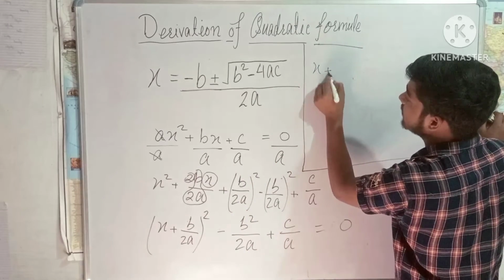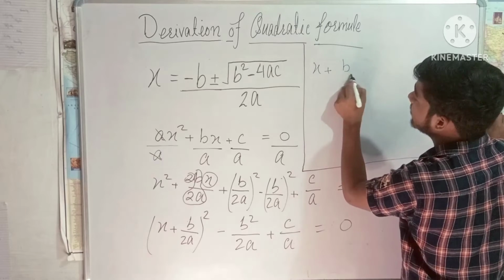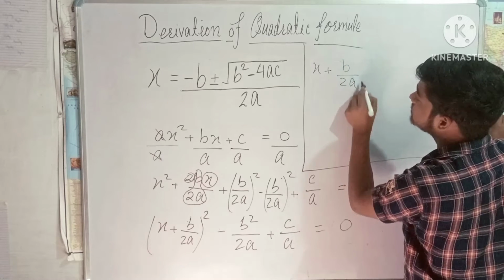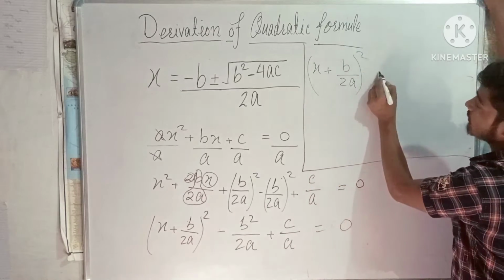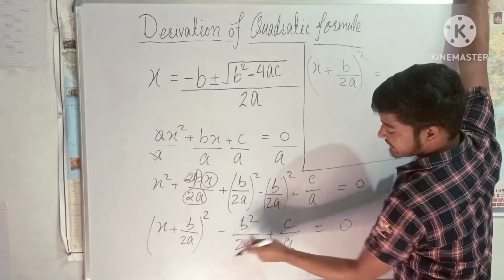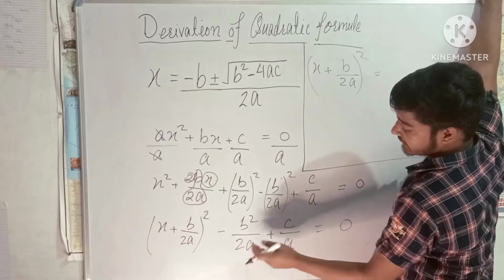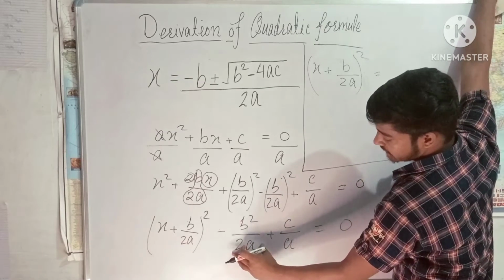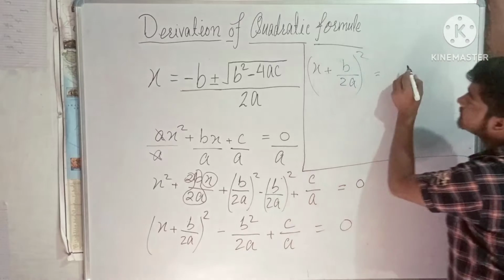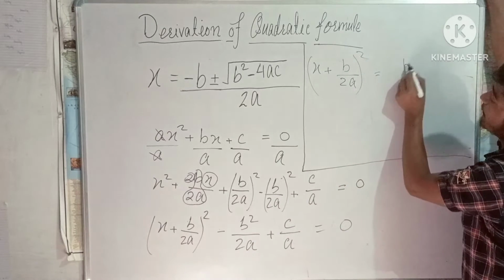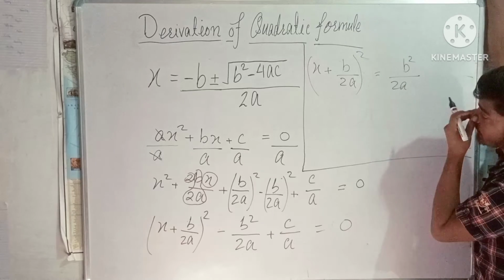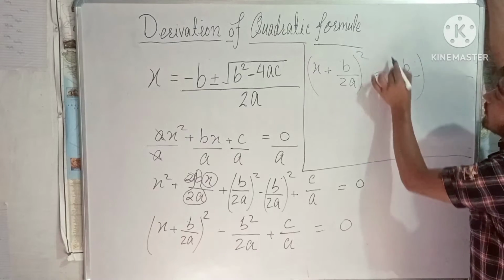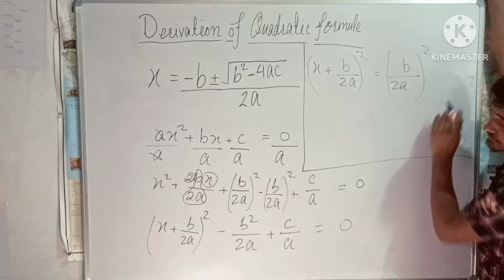x plus b upon 2a, the whole square, is equal to, if we transpose this to the right hand side, then plus b square upon 2a square.